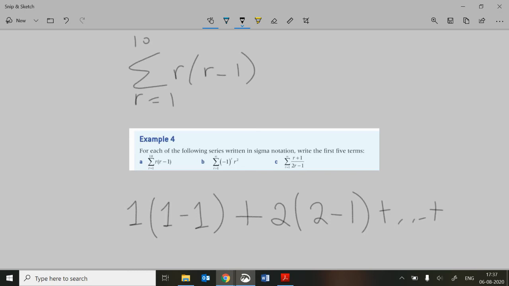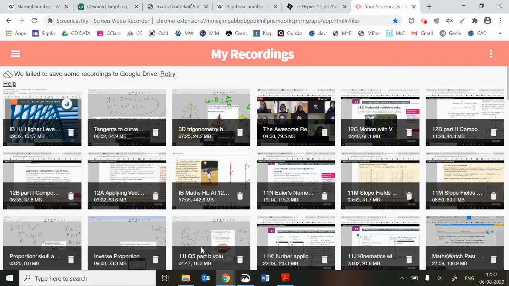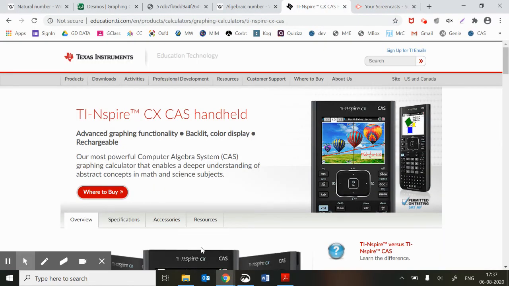The last term here should have left more space. It's going to be 10 times, one less than that, 10 times 9 is going to be the last term you're adding on there. Now, if you're just evaluating this, you can do this on your calculator. Let's have a look online at this one. Let's go back.